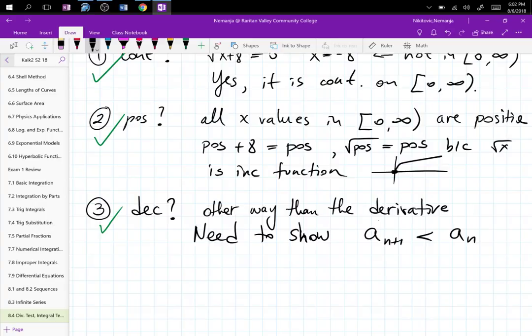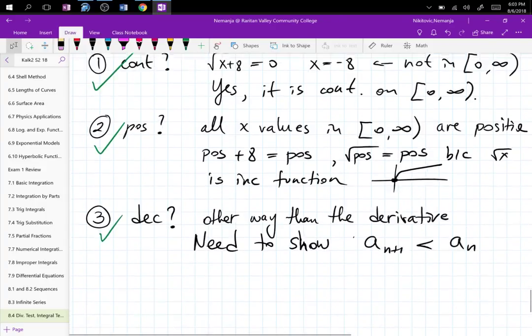Does it make sense? Look. If I have a decreasing function, and I have these two values, this is the original one, this is the next one. The next one is smaller in height than the previous one. So if you are able to prove this, then you got yourself a decreasing function.